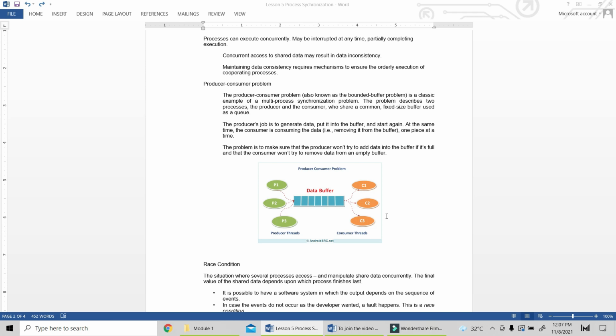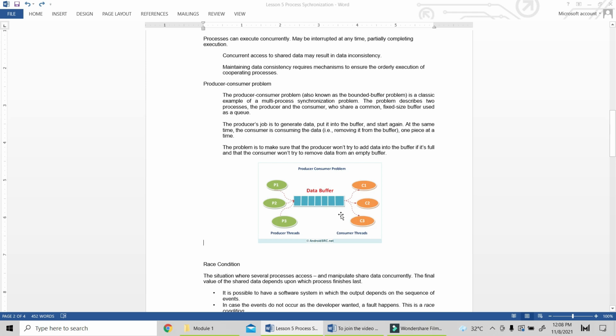The common problem that will arise when there is no process synchronization is when the producer must not insert when the buffer is full, meaning when these buffers are full, therefore the producer cannot insert, or cannot store data anymore.